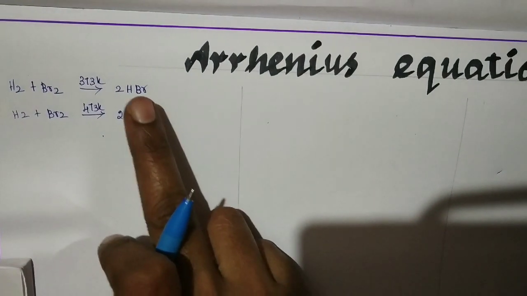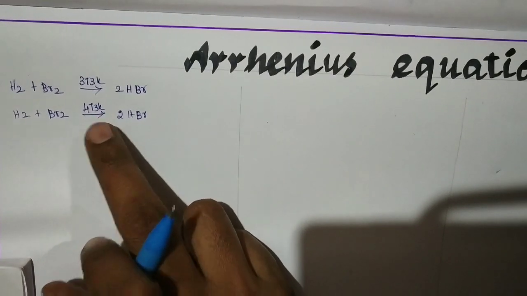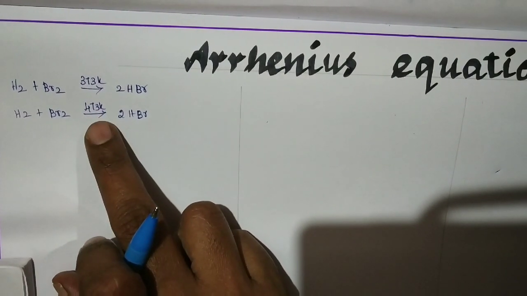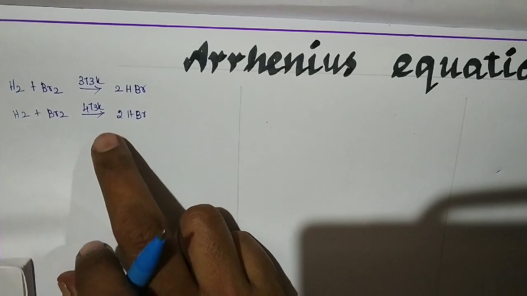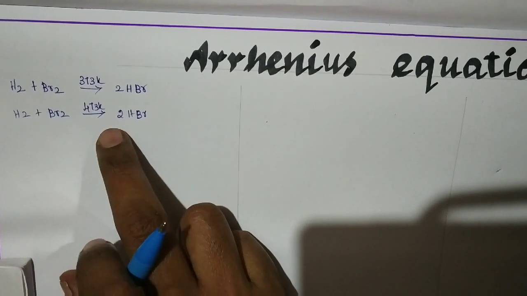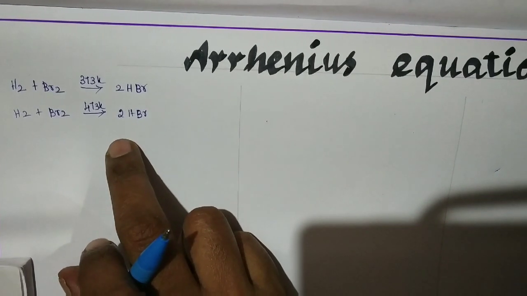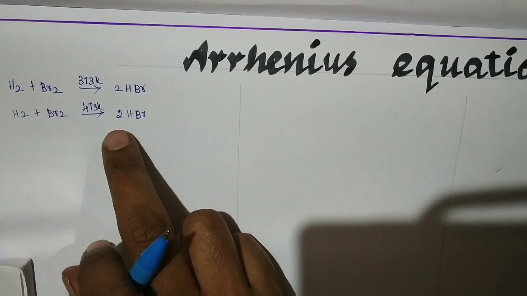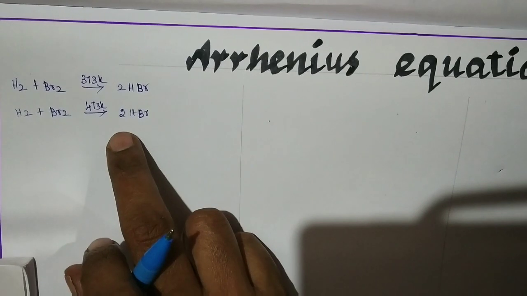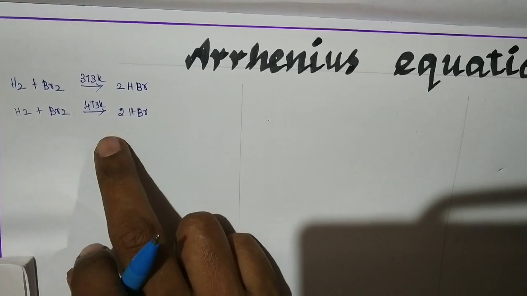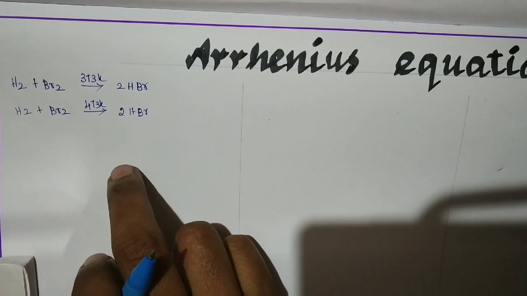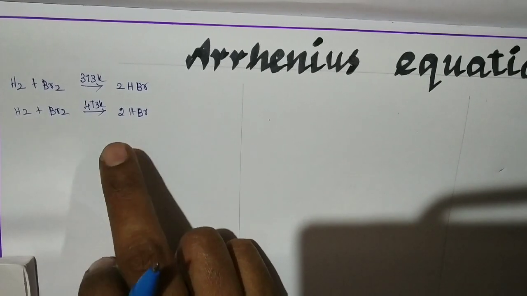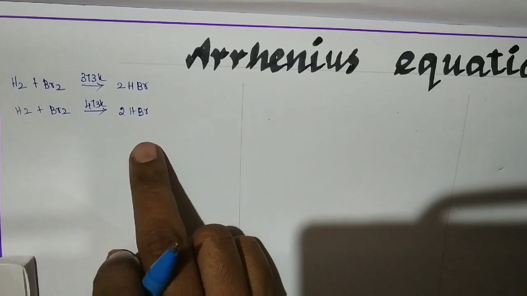When the temperature is increased, what would happen? The rate of the reaction increases by 250 times. This is experimentally verified. For every 10 degrees Celsius, the rate increases 2 to 3 times.